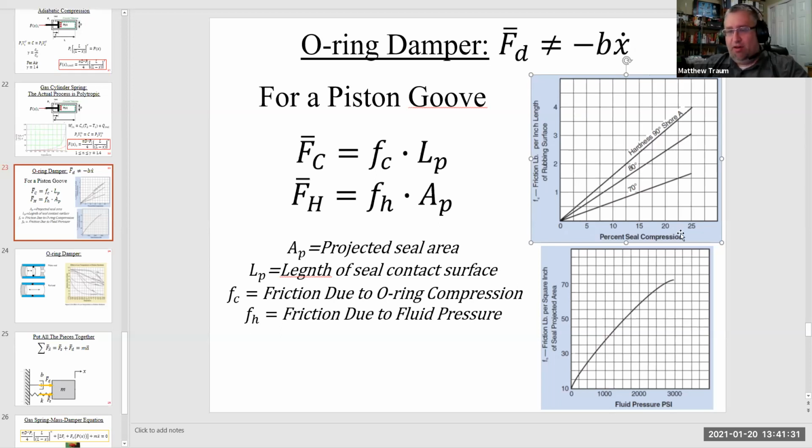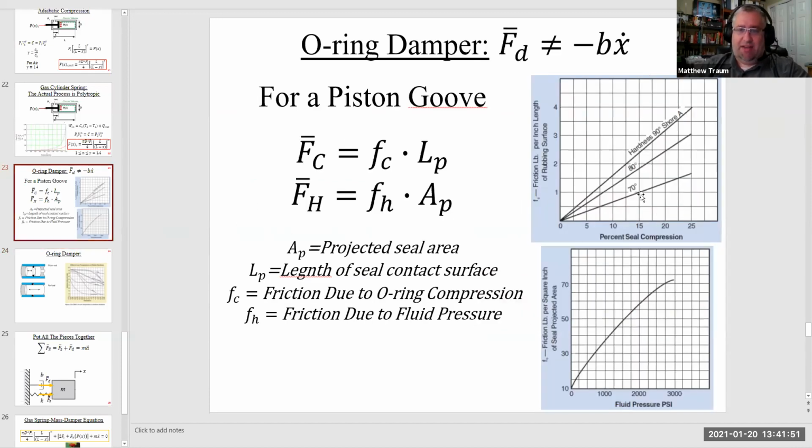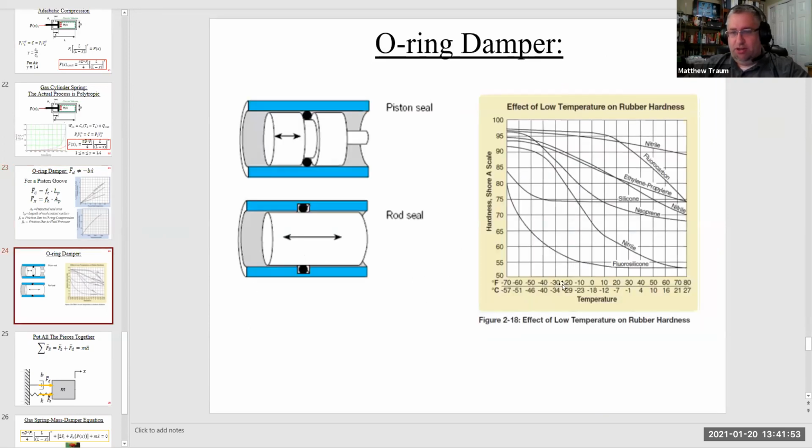That's my percent seal compression, and then I just pluck the friction force per unit length off of one of these curves. These curves are based on the hardness of the material, which is another material property that you just look up in the Parker handbook. It's this chart after determining what the material is. So for example, a hardness of 70 corresponds to silicon, right? So here's silicon, and there's a value of maybe about 74 there for silicon.